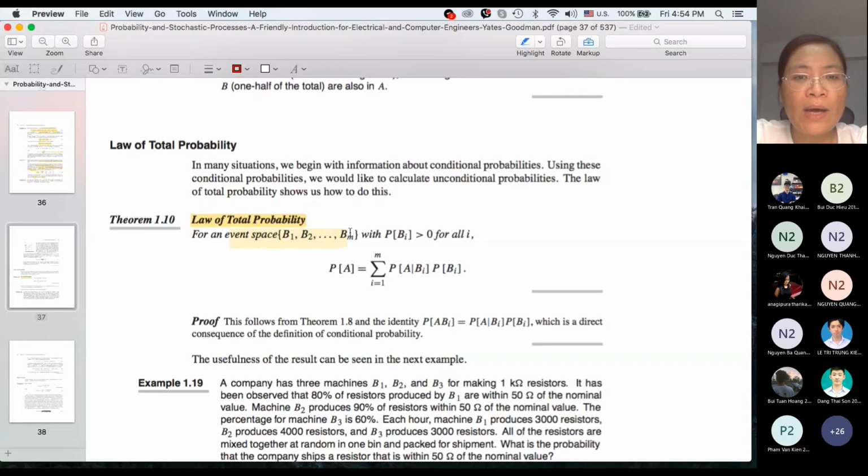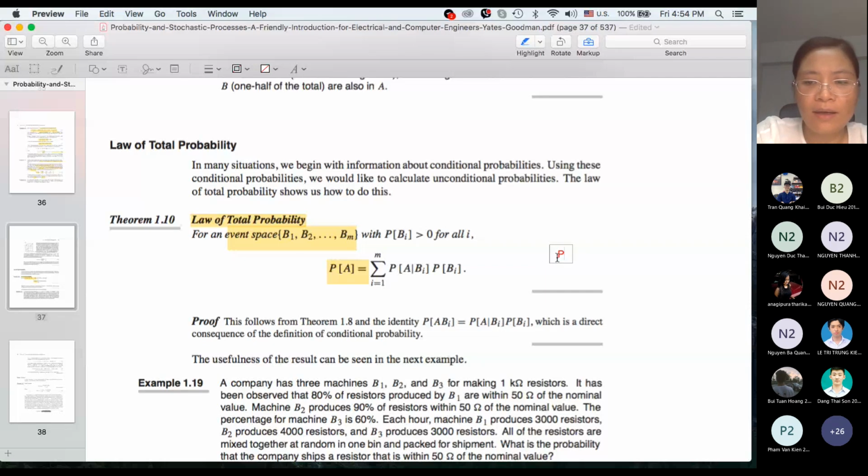For the event space B1 to Bm, we know that an event space is mutually exclusive and collectively exhaustive. So probability of A equals the sum of probability of A intersection Bi, and the probability of A intersection Bi can be represented by probability of A given Bi times probability of Bi. I prove it here.